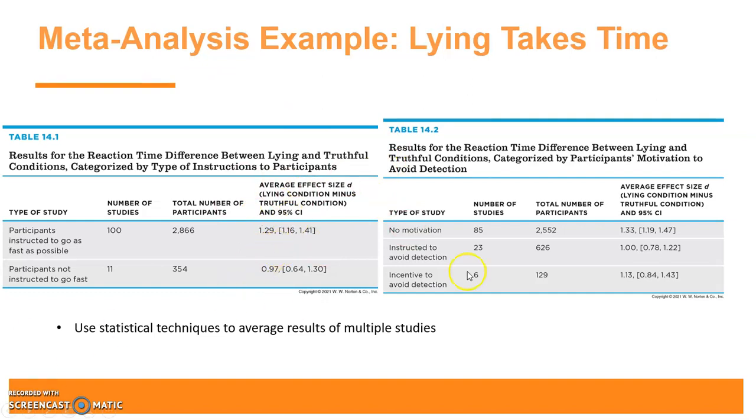This is illustrating results from a meta-analysis on reaction time difference between when participants are telling a lie versus being truthful, showing that reaction time is longer when you're lying.